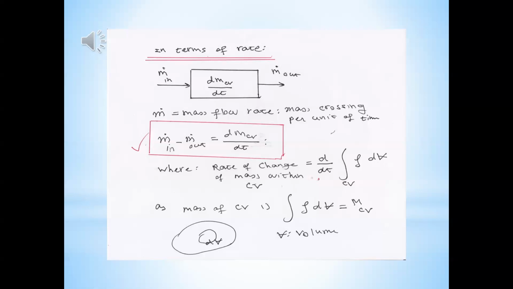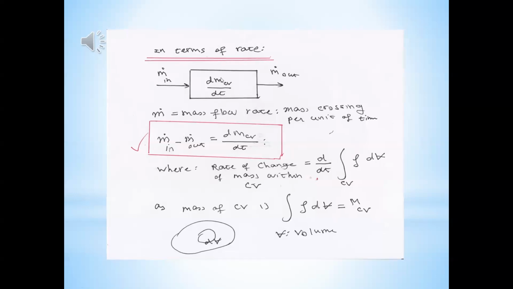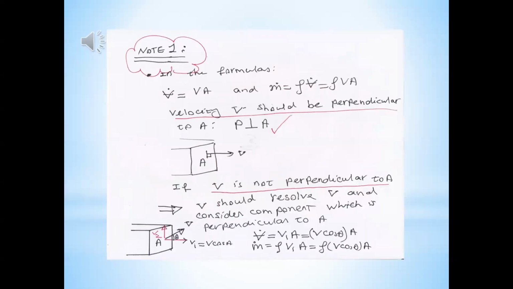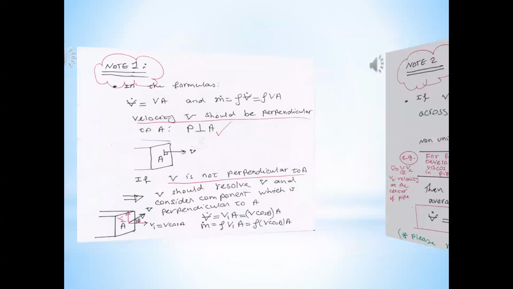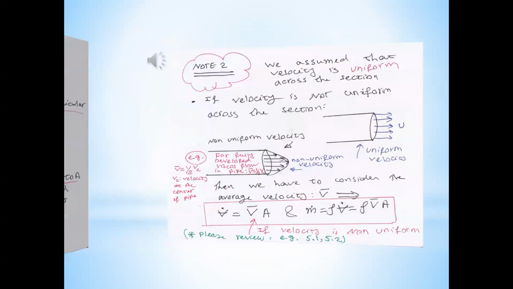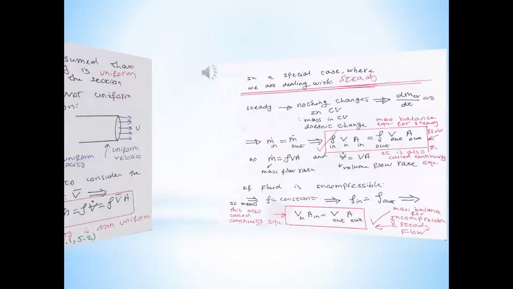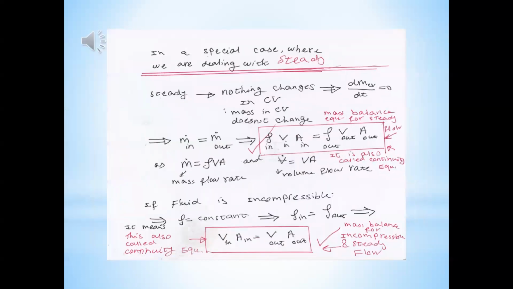So the difference goes toward an increase or decrease of mass inside the system, which contradicts being under a steady condition, because steady means nothing can change inside the control volume, and that includes mass or energy.